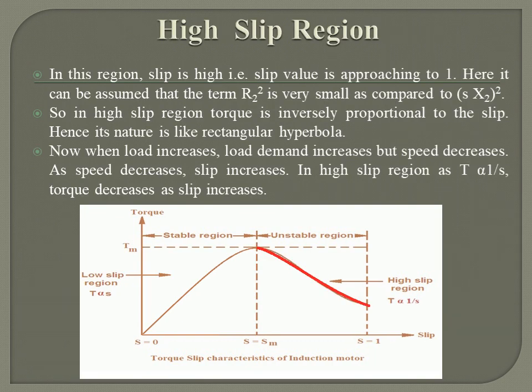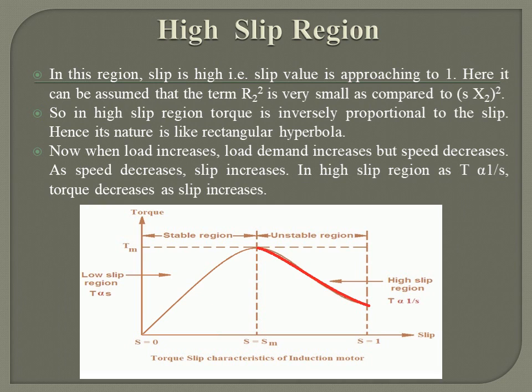The third region we have to see is the high slip region. In this region the slip is very high. Again we will consider our torque equation, that is T = K s E2 square R2 upon (R2 square plus (s X2) whole square). The slip value is approaching 1. So here it is assumed that the term R2 square is very small as compared to (s X2) square. So in the high slip region the torque is inversely proportional to the slip. Hence its nature is like a rectangular hyperbola.